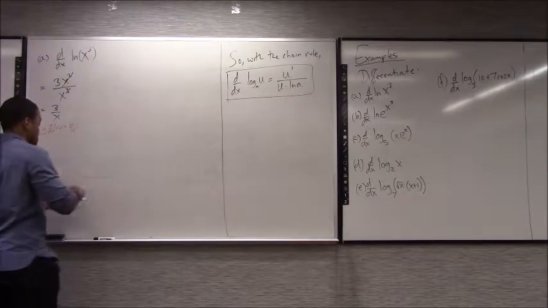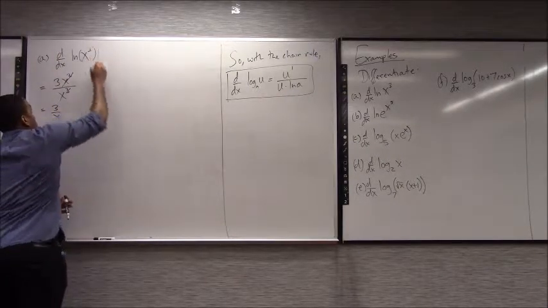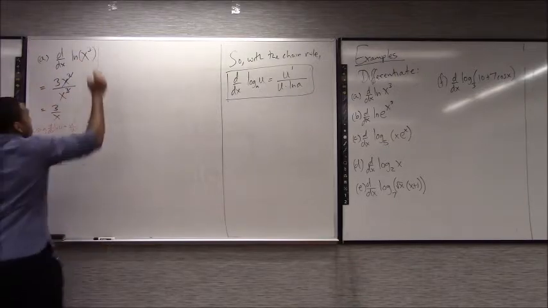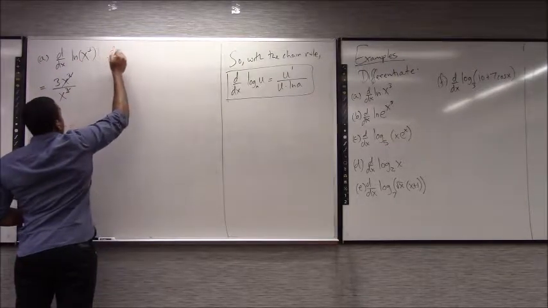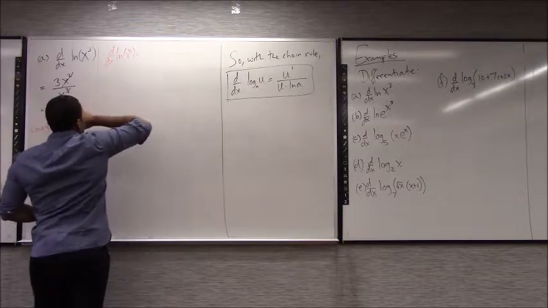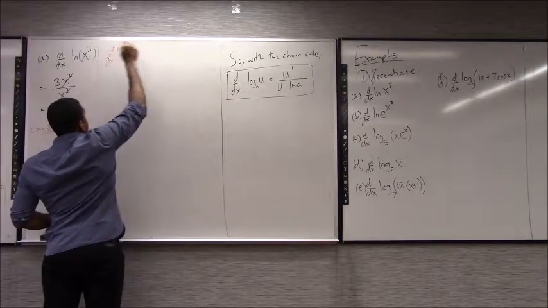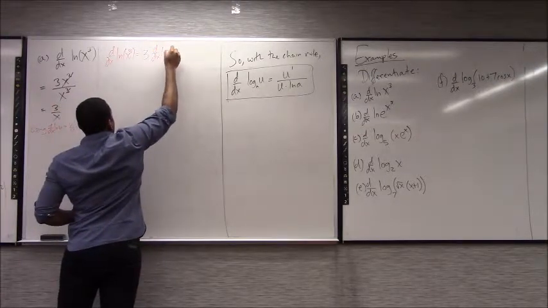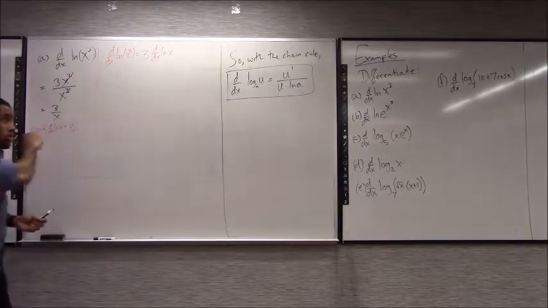But I do want you to recognize that there was another way that we could have done it, and you'll see this come into play later on. We can actually simplify this a little bit. If I have d/dx of ln of x cubed, I can use the log rule to take that 3 and move it down, and then I just have to take the derivative of ln x.